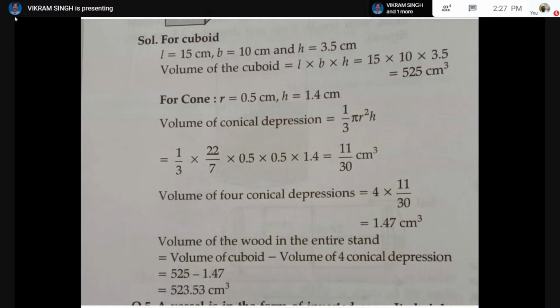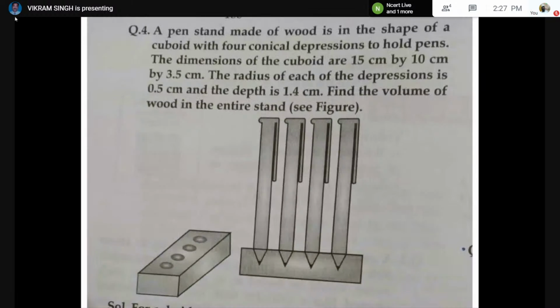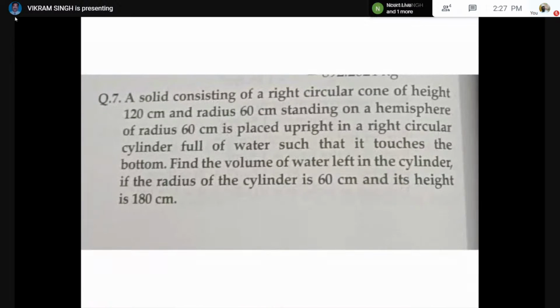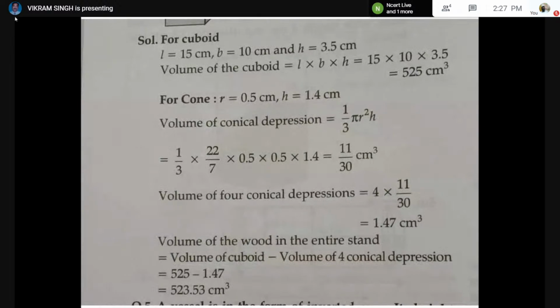So 525 minus 1.47 becomes 523.53 centimeter cube. Again, I am repeating the amount 523.53. It is all about the question which was asked: find the volume of the wood in the entire stand. So it comes to 523.53 unit cube.